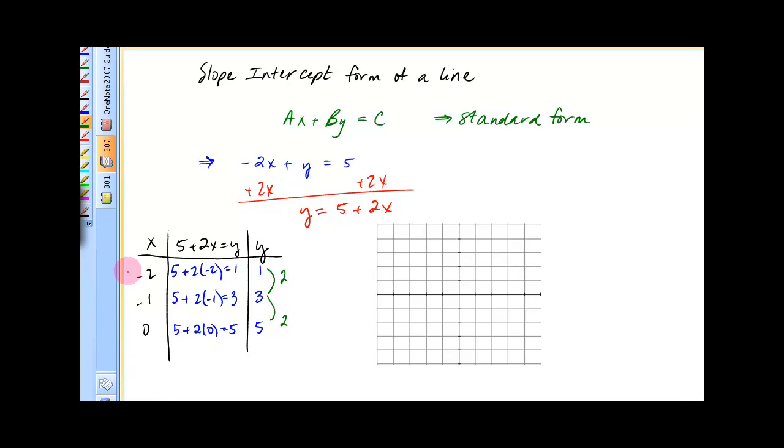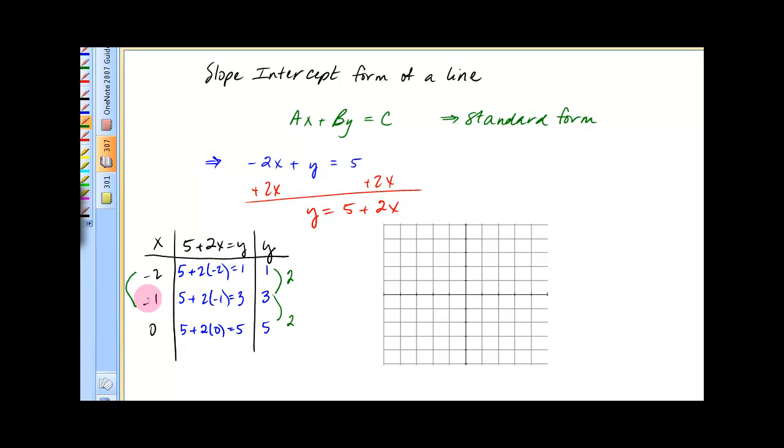Let's see what happens when I move from one x to the next. When I move in that direction, if I go from a negative 2 to a negative 1, I've increased by 1. When I move from negative 1 to 0, I have increased by 1 again.